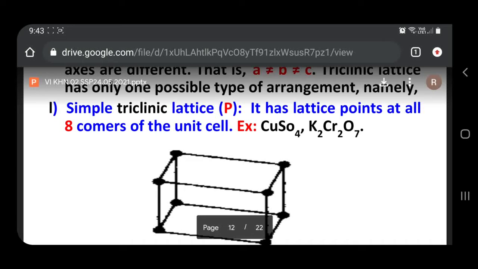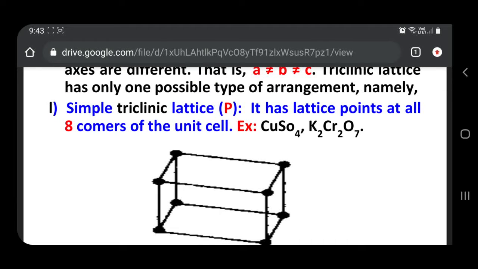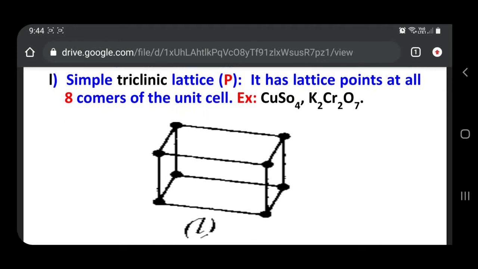So the examples of this type of lattice, of course the copper sulfate CuSO4 and potassium dichromate K2Cr2O7. So all the three sides of cube unequal, and all the three interfacial angles, they are not equal to 90 degree, obliquely inclined.